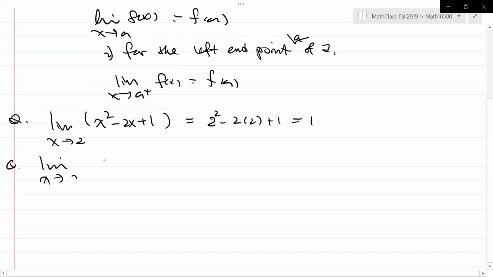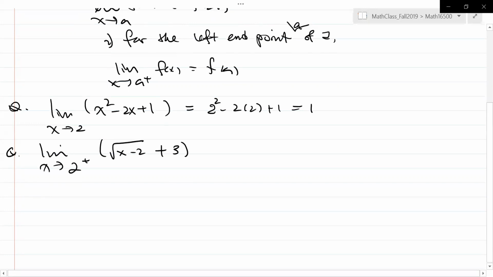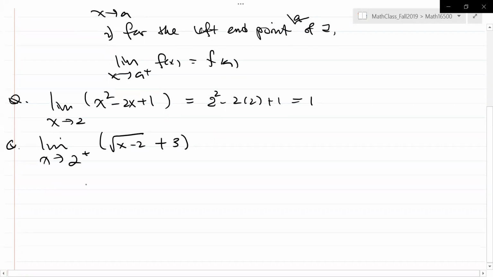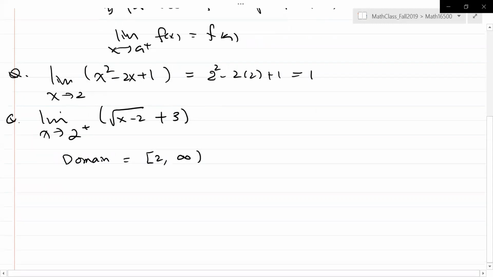Now, the next problem. It's the square root of x minus 2, plus 3. And the limit is the right-hand limit as x approaches 2 from the right-hand side. Look at this function. Clearly, the domain of this function is x greater than or equal to 2, so it's the interval from 2 to infinity, and 2 is included. 2 is the left endpoint.